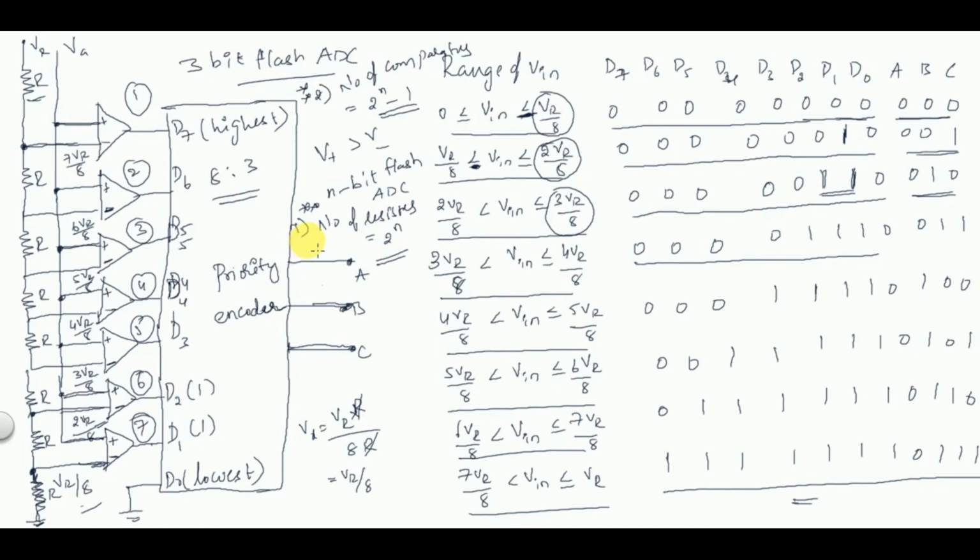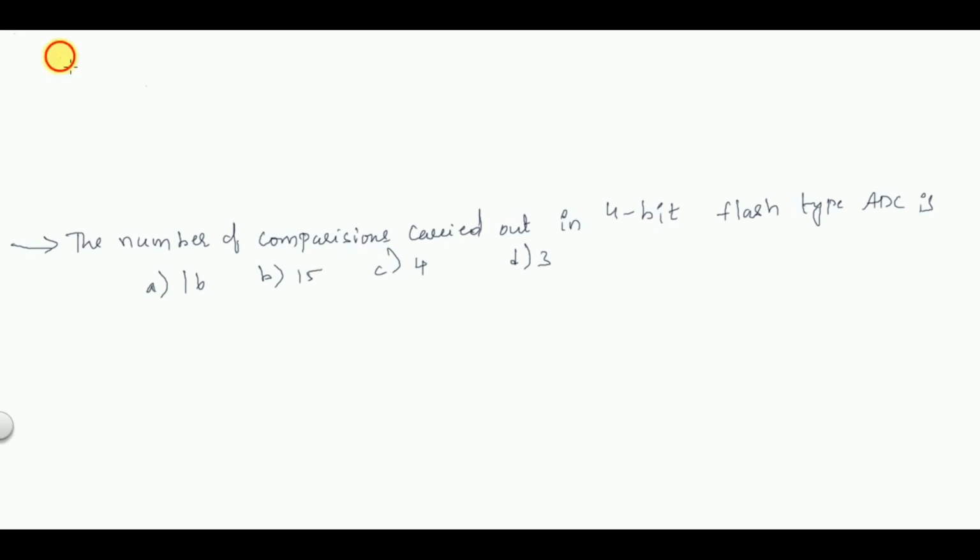So the important points I'll write once again here. The total number of comparators required in n-bit flash ADC is equal to 2 power n minus 1.